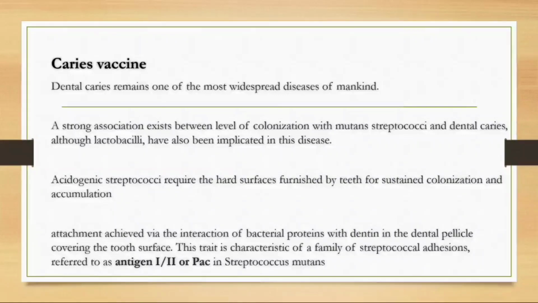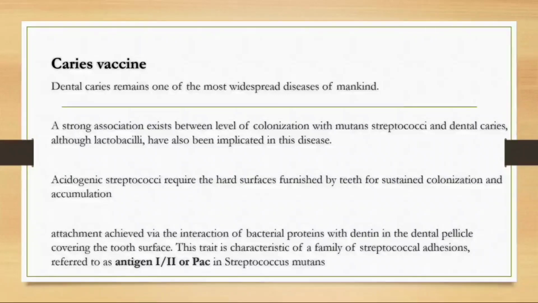So for a caries vaccine, there should be a strong association between colonization and mutans streptococci, and we are focusing, as I said, only on streptococci. So we are thinking of its protein. Somewhere we need to interrupt the process of dental pellicle formation, or interfere with proteins or its adhesion.